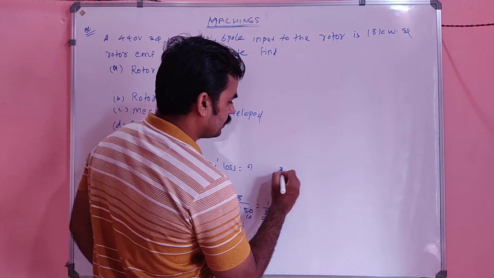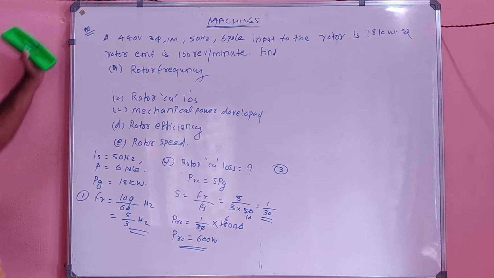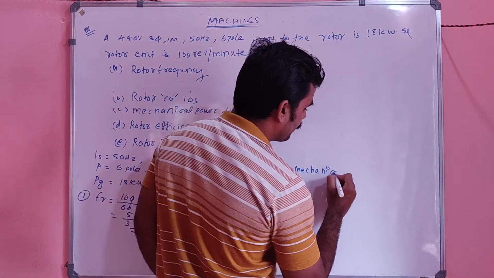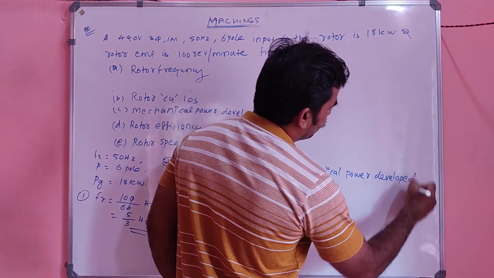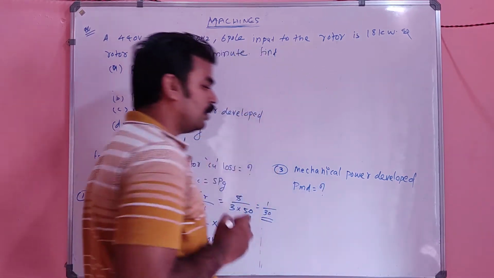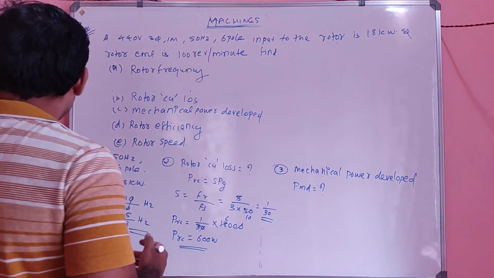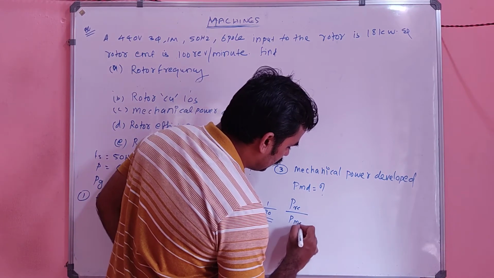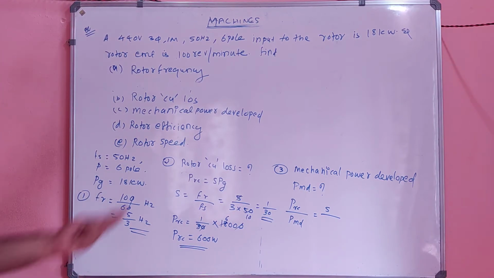Next, you have to find mechanical power developed, PMD. There is a relationship that PRC by PMD will be equal to S divided by 1 minus S. But simply, rotor copper loss is there, rotor input is there.